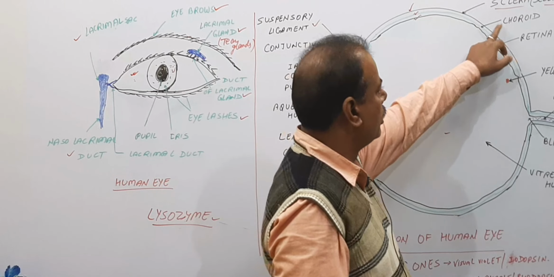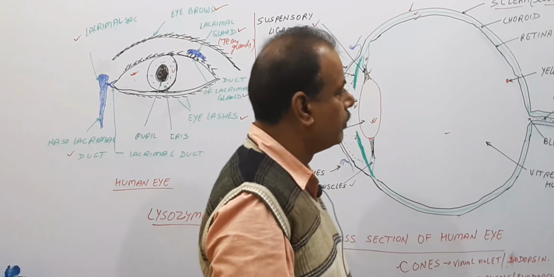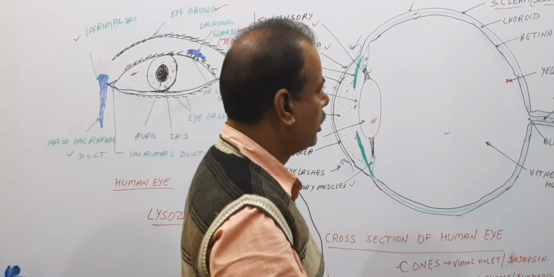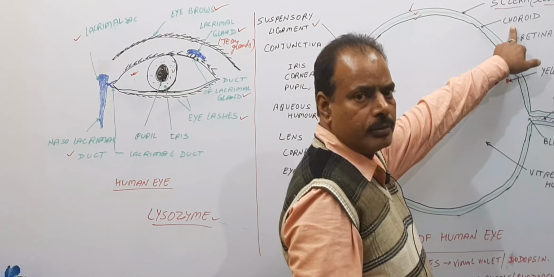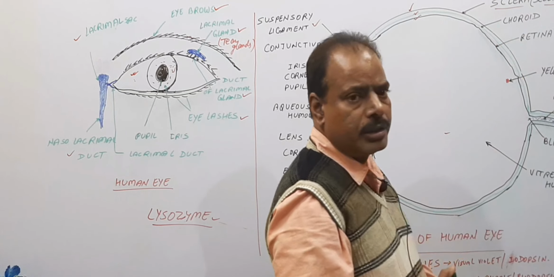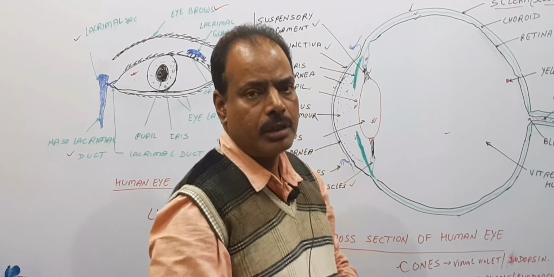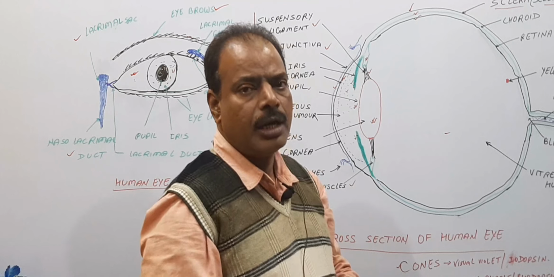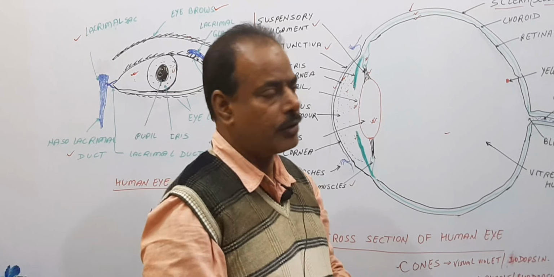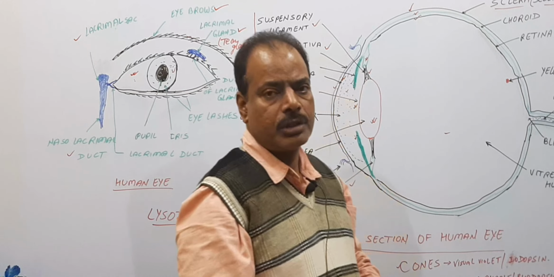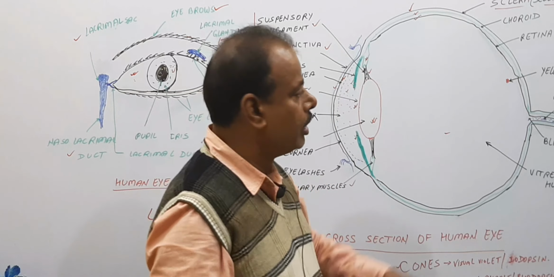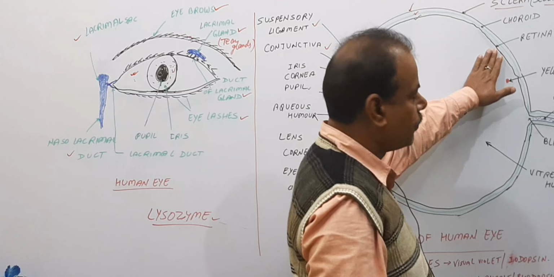Second is the choroid. The choroid is located between the retina and sclera and it contains melanin. Its function is to prevent scattering and reflection of light rays. The retina is the innermost layer of our eyeball and it is the site of image formation.